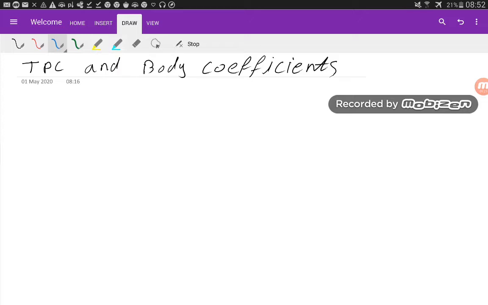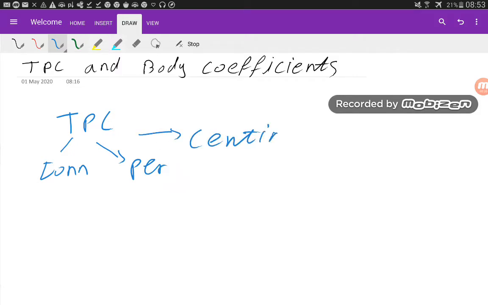So what is the TPC? TPC stands for ton per centimeter. What does that mean?